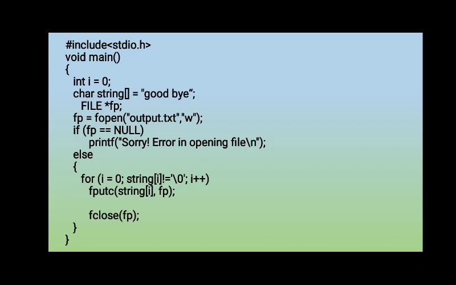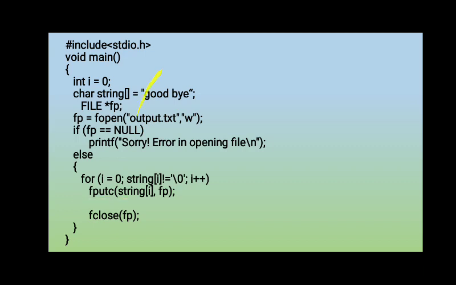So you're writing character by character. In the for loop, you go from i equal to 0 till \0. That is, you're going to read till \0, and all the data till \0 will be written to the file which is pointed by fp. That is, the data goodbye will be written to the output.txt file by using fputc.